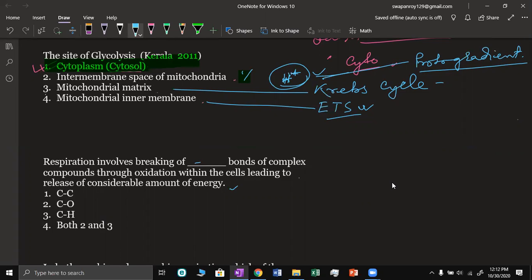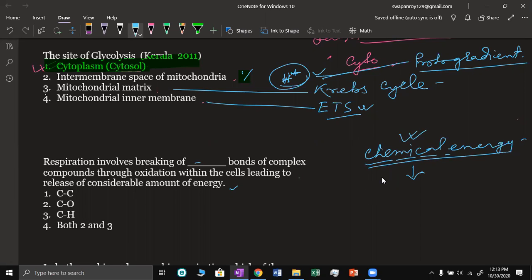So in respiration, what happened? The chemical energy is released. How? The chemical energy is present within the bonds of the chemicals.